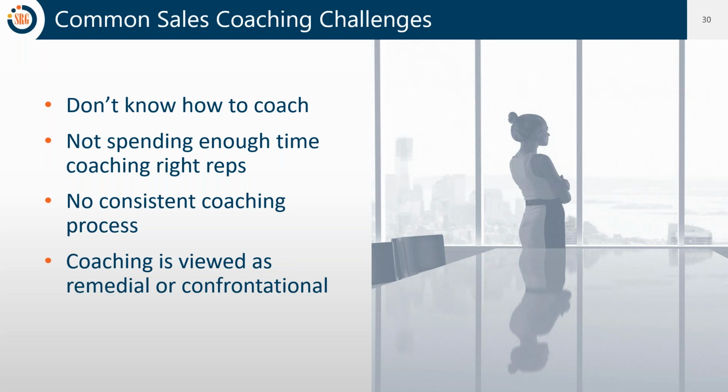So for people who have average skills, say if you have a team of 10, the middle 5 or 6, they should get about 60% of your time. The people at the bottom, maybe 15 to 20%, and then your top 2 or 3 performers, maybe 20 to 25%. And I think when you ask managers, why are you so busy? What you'll find is they're spending way too much time with their bottom performing reps.